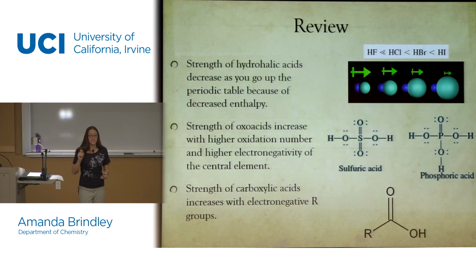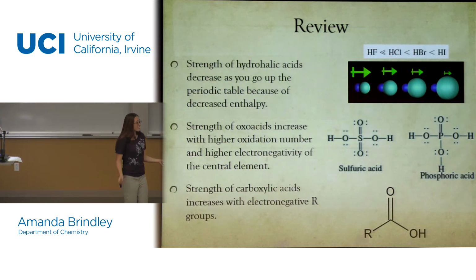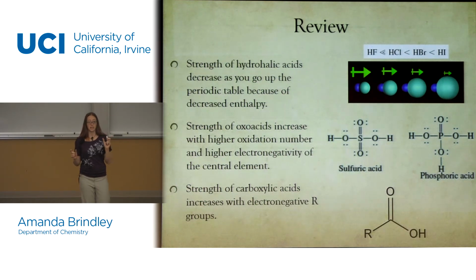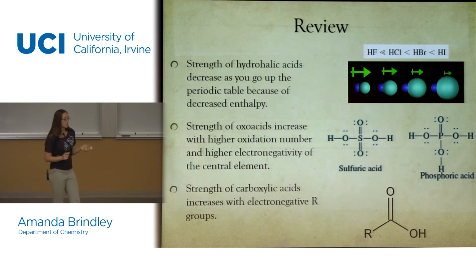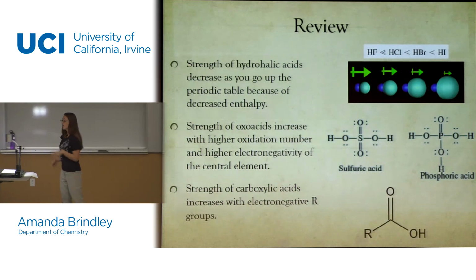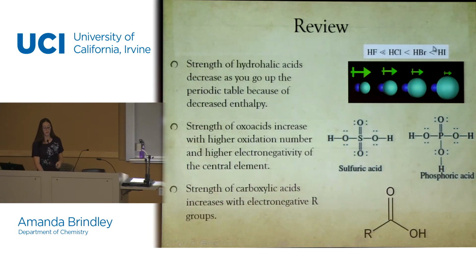That one doesn't necessarily fit the stabilizing anion pattern because with HF, that fluorine likes having that negative charge, but it's all about bond enthalpy for the hydrohalics. So because of that, HF is your weak one, and then as you go down, they get stronger and stronger and stronger. And as soon as you hit HCl, they're strong enough that we consider all of these three strong.